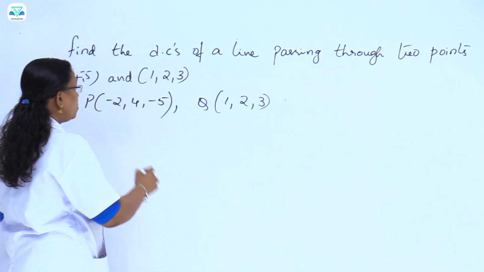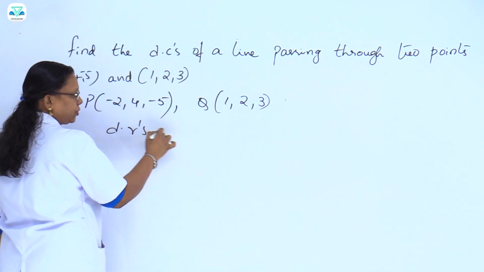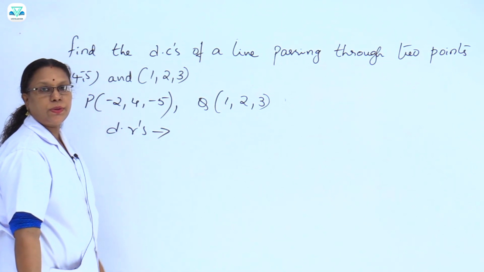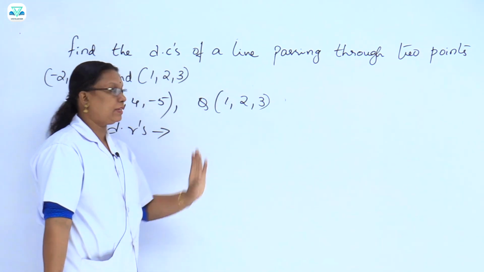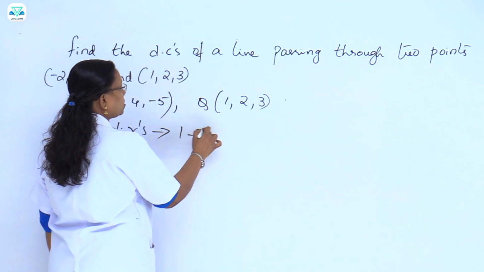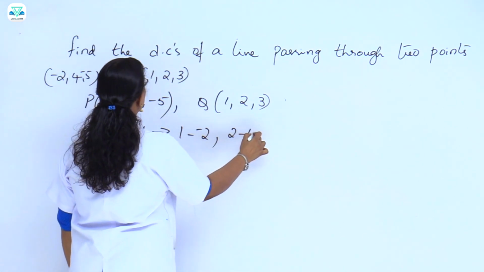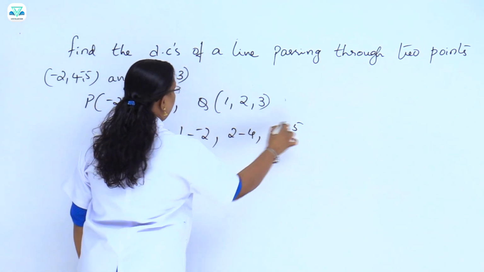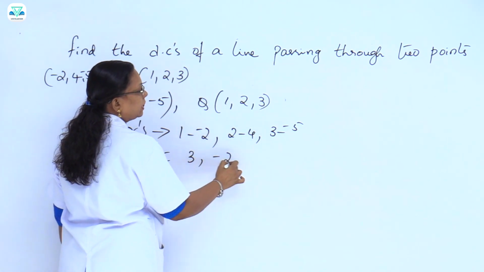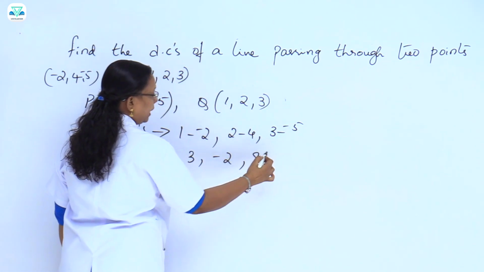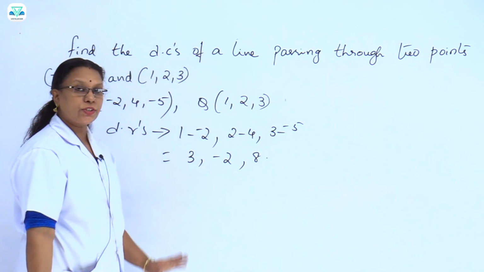So what will be the direction ratios? Direction ratios are x2 minus x1, y2 minus y1, z2 minus z1. So we have 1 minus of minus 2, 2 minus 4, 3 minus of minus 5, which is 3, minus 2, 8. So these are the direction ratios.